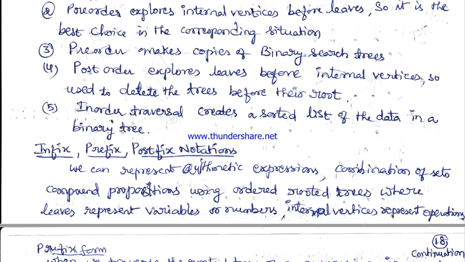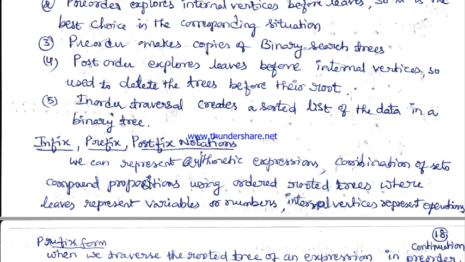Now let us see what are the infix, prefix and postfix notations of the expressions which can be represented by the binary rooted trees. Most of the arithmetic expressions, combinations of sets, compound propositions can all be represented by using ordered rooted trees, in particular mostly binary rooted trees.